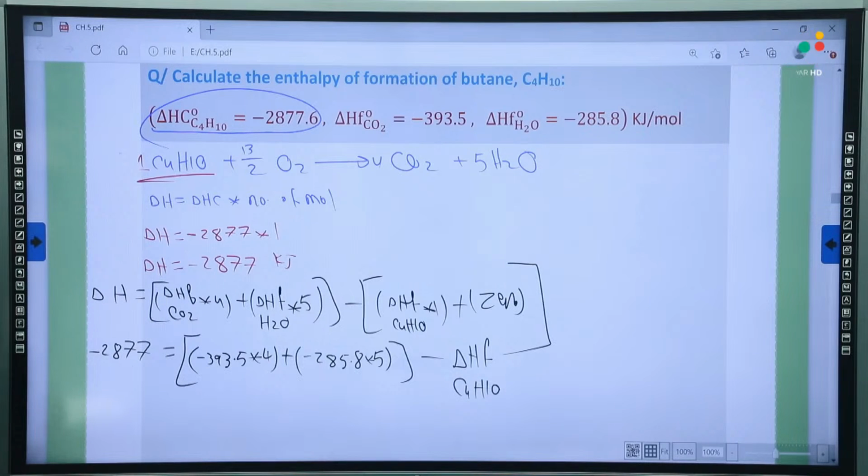Okay, so you just need to use your calculator to get the value of delta HF for butane.